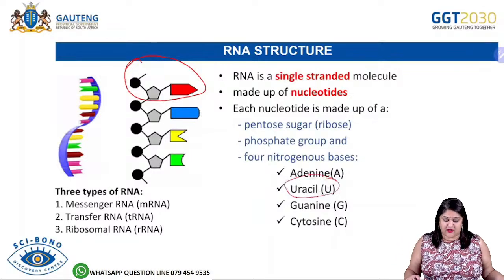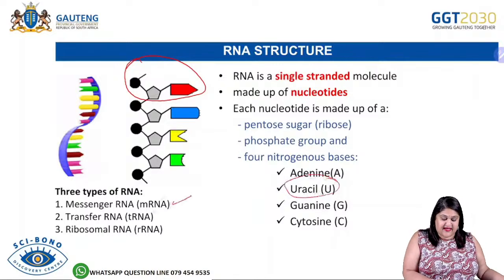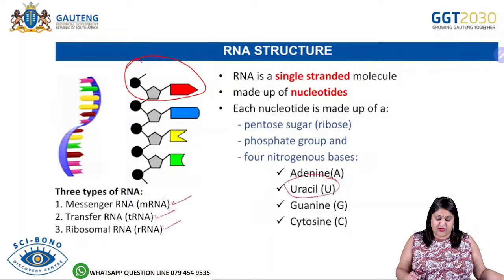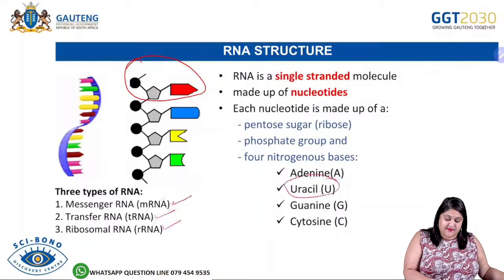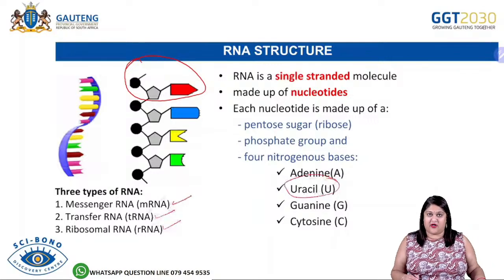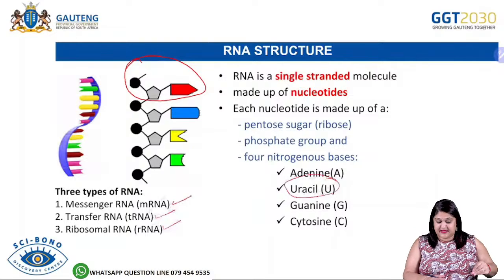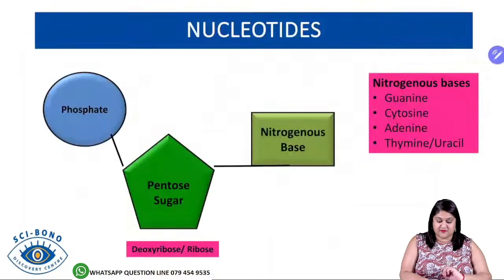It's for later on. There are 3 types of RNA. You need to know them. There's messenger RNA, transfer RNA, and ribosomal RNA. These terms in brackets are accepted. You can use them: small letter m RNA, small letter t RNA, and small letter r RNA. Okay. We will go into the functions of those a little bit later on.